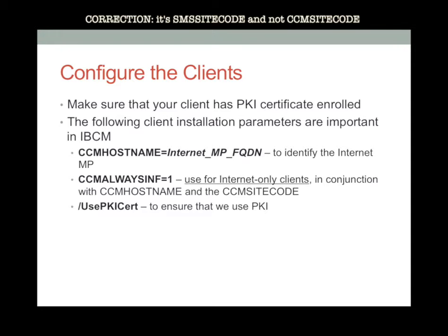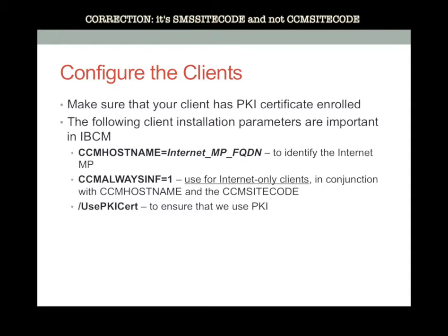And last, the CCM site code. Going back, the CCM site code flag in CCM always inf equals 1 has to be there because, since the client is always on the internet, there will be no way for Configuration Manager to identify what site code this client will become a member of.